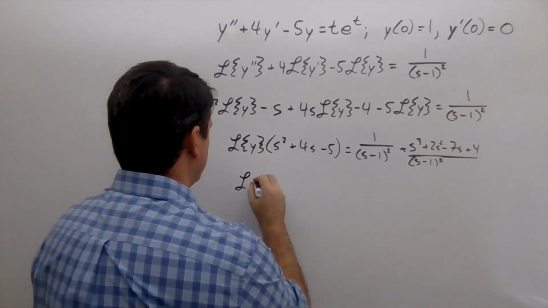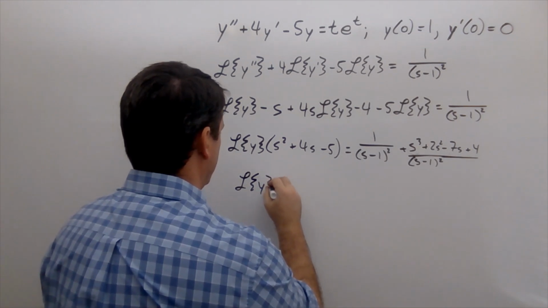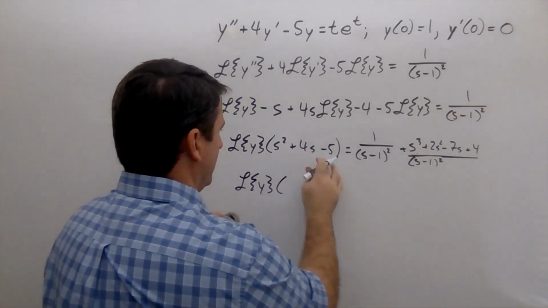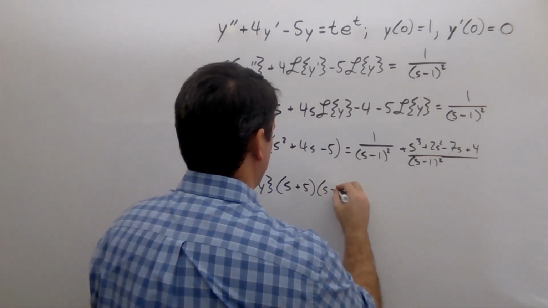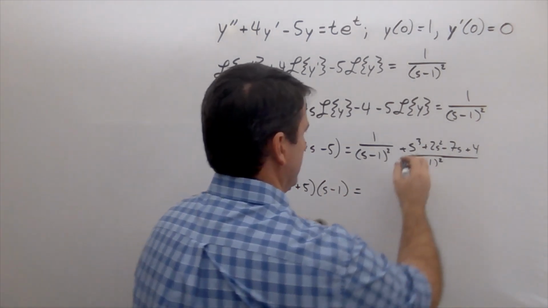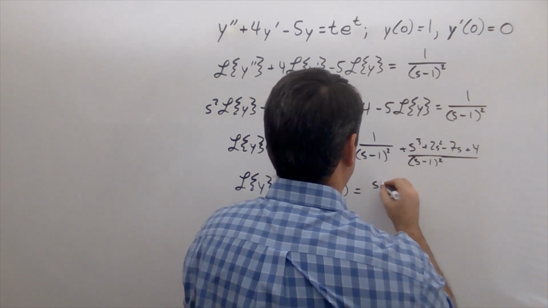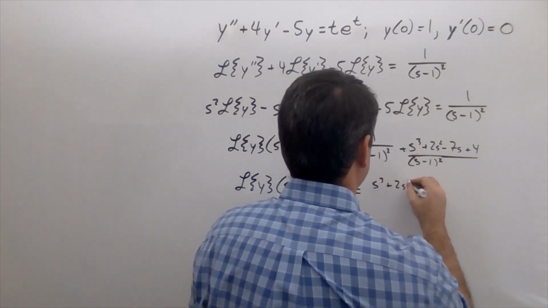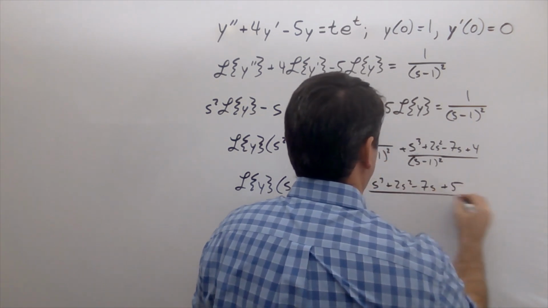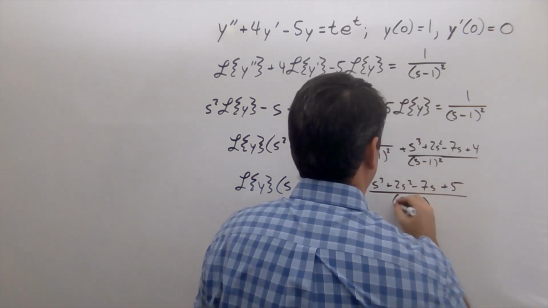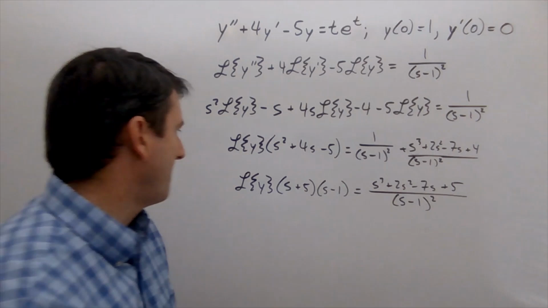This is going to be the Laplace transform of y times (s plus 5)(s minus 1) equal to, add all of this together, we get (s cubed plus 2s squared minus 7s plus 5) over (s minus 1) squared.